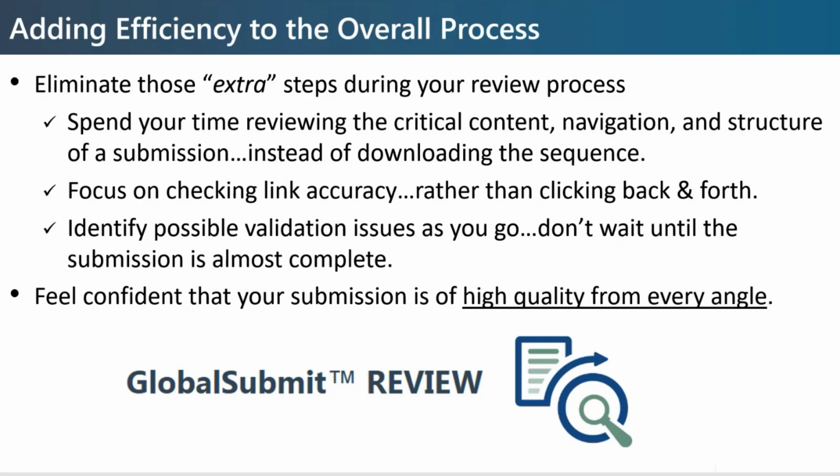So you can spend time reviewing the critical content, the navigation, and the structure of a submission instead of waiting and downloading the sequence. You can focus on checking link accuracy rather than trying to click back and forth between the source and the destination and trying to find where you left off.